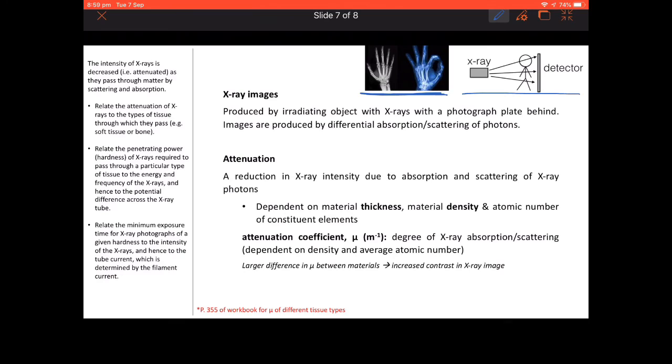So the larger the difference in attenuation coefficient between materials, the more increased the contrast in an X-ray image will be. If you look on page 355 of your workbook, you've got the attenuation coefficient for a load of different tissue types. And you'll see that for bone, the attenuation coefficient is much higher than it is for other tissue types.